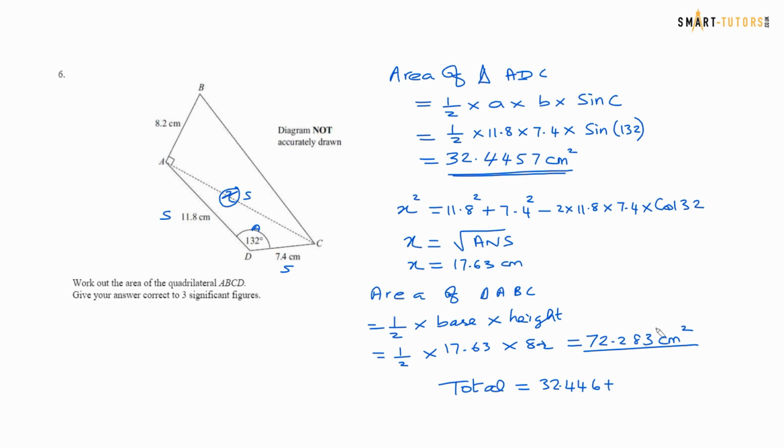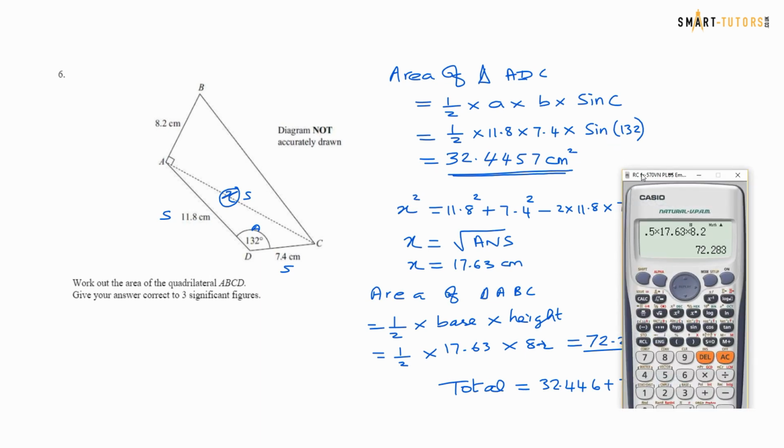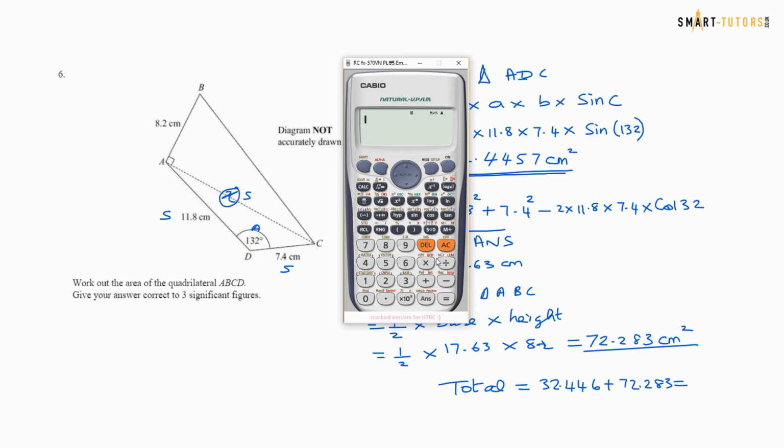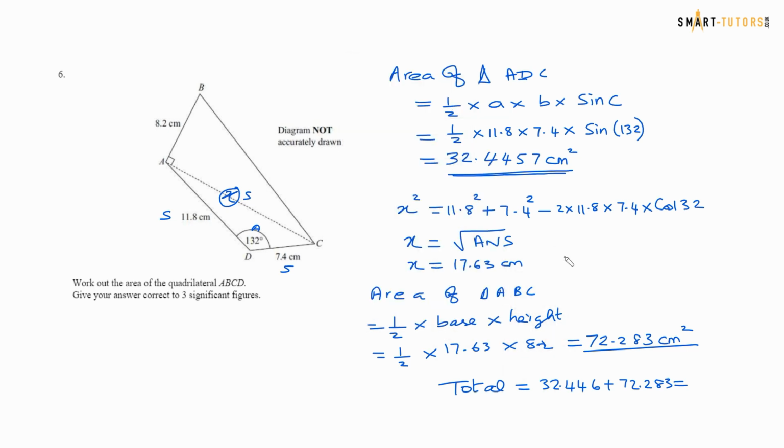And the total area is 32.446 plus 72.283, and the answer is 104.729 centimeter squared.